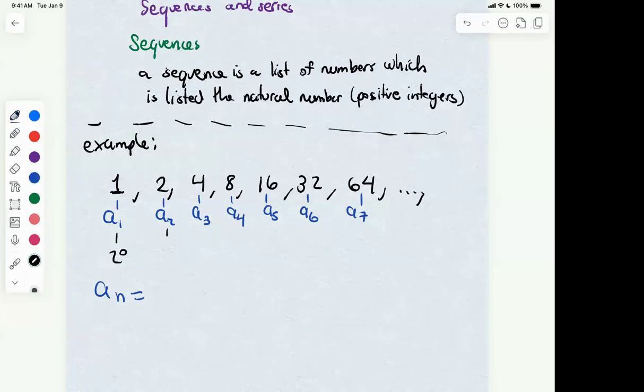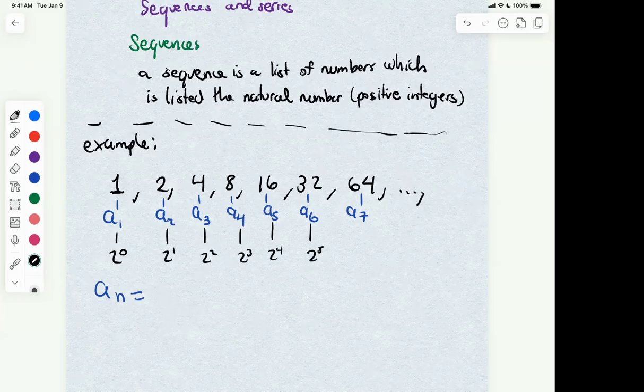That's 2 to the 0. What is 2? That's 2 to the 1. What is 4? That's 2 squared, right? 8 is 2 cubed. 16 is 2 to the 4, 32 is 2 to the 5, and the other one, 64, is 2 to the 6, right?